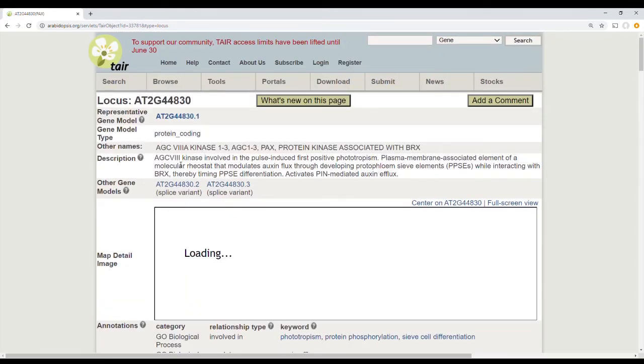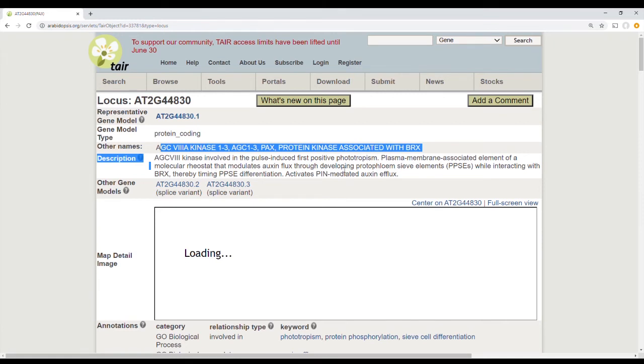Now, my description is, well, this is a gene that is a protein coding gene. My description is this is an AGC8 kinase involved in the pulse-induced first positive phototropism, plasma membrane-associated element of a molecular rheostat that modulates auxin flux through developing protophloem sieve elements, PPSEs, while interacting with BRX, thereby timing PPSE differentiation.